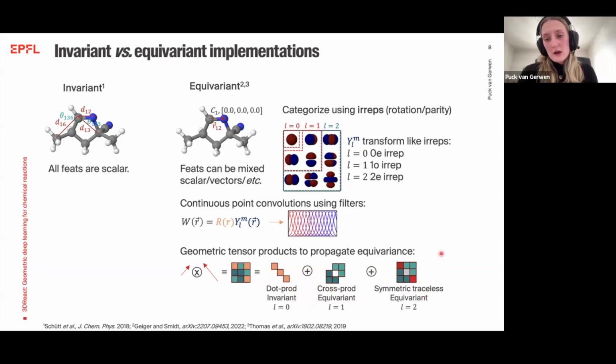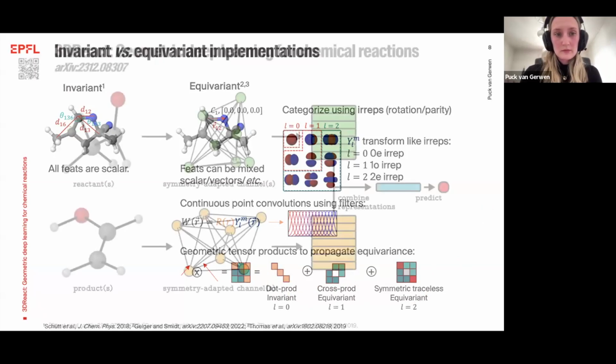And then finally, you have this symmetric traceless component, which has 5 degrees of freedom and describes the L equals 2 terms. So these are the tricks that are used in the implementation of E3NN. This is not something I have implemented myself, but this is the key to understanding how equivariance might be implemented for molecules.